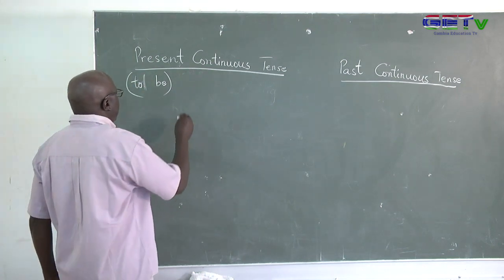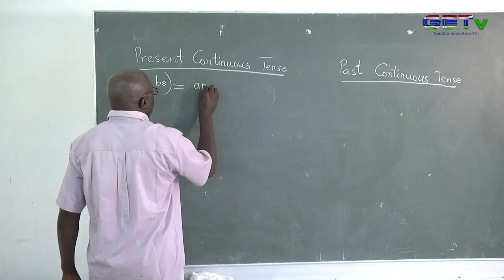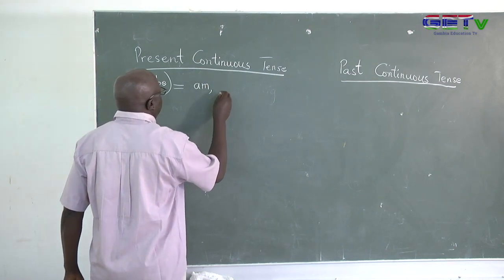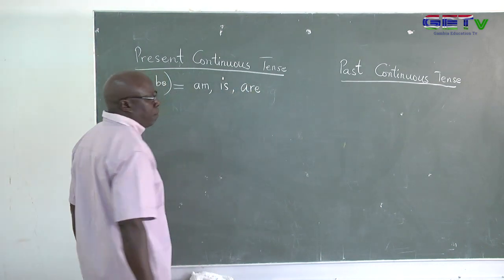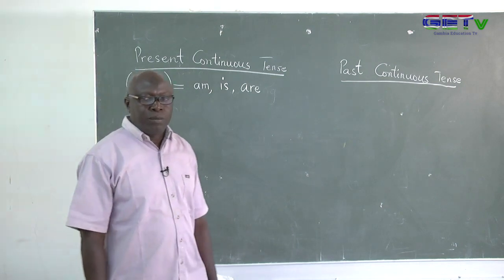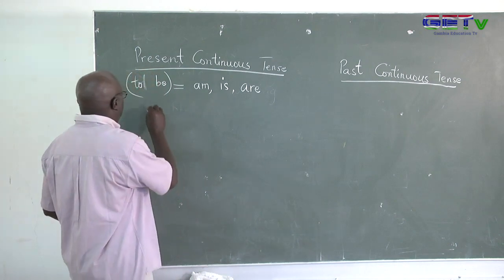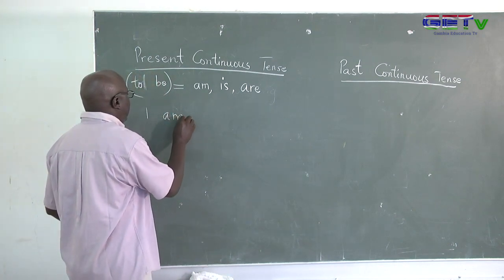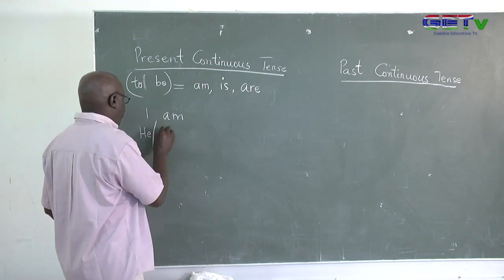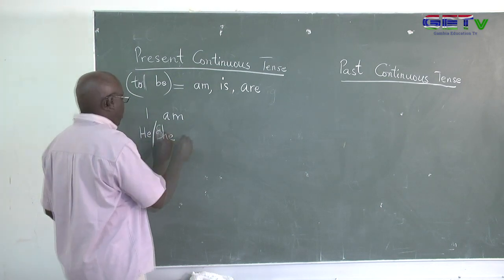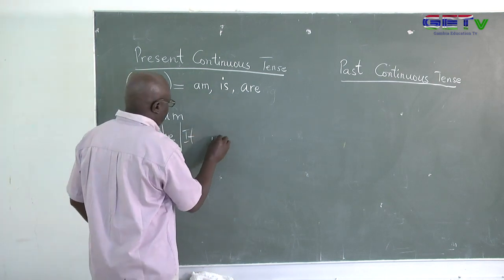The verb to be comprises, the present form comprises am, is, and are. So that we can have I am, he or she or it takes is.